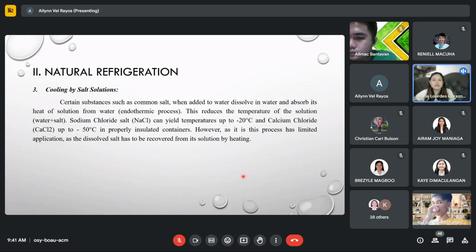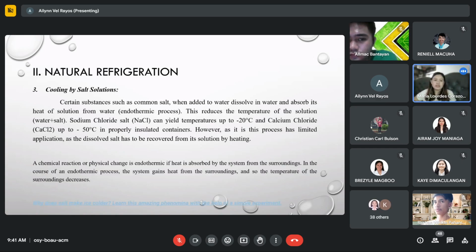Cooling by salt solutions. Certain substances, such as common salt, when added to water, dissolve in water and absorb their heat of solution from the water in an endothermic process. This reduces the temperature of the solution, water plus salt.